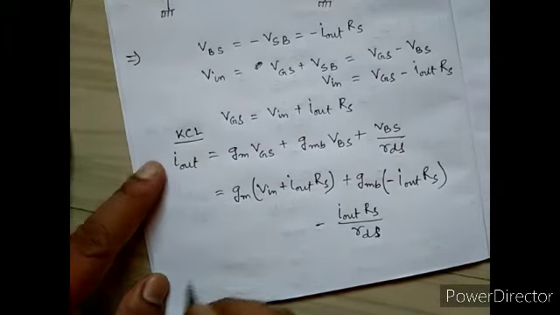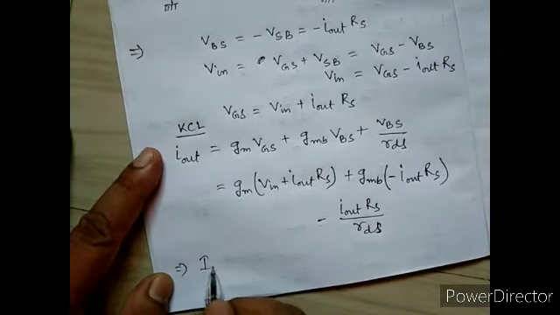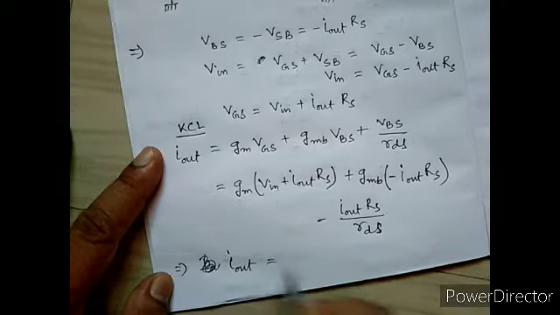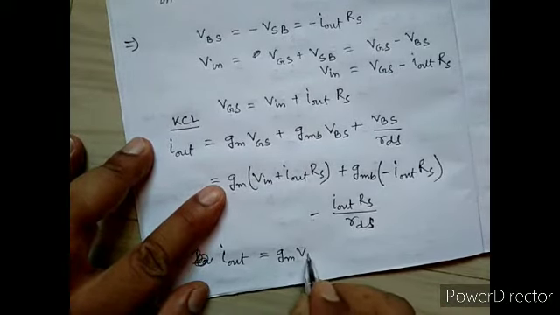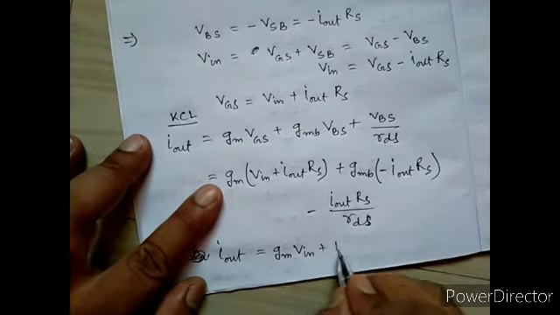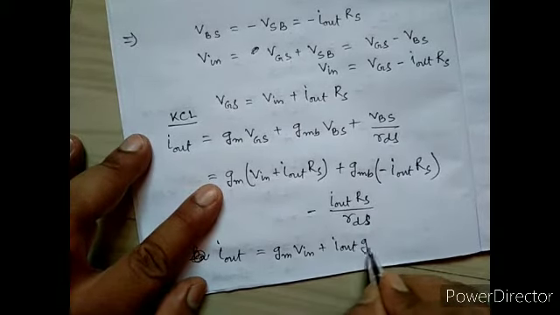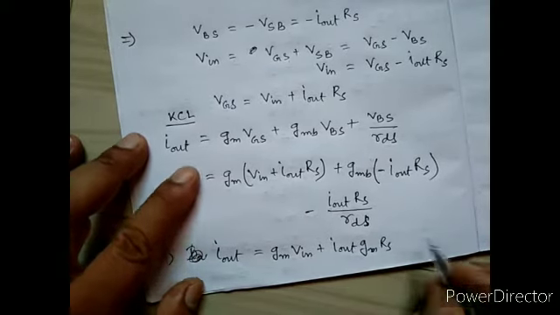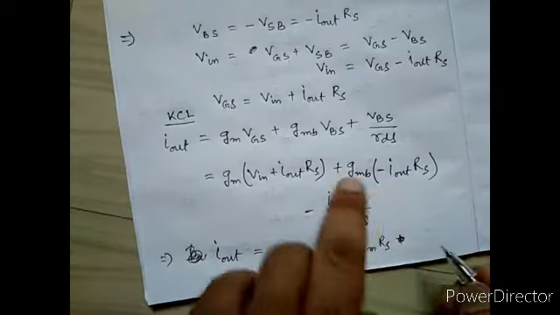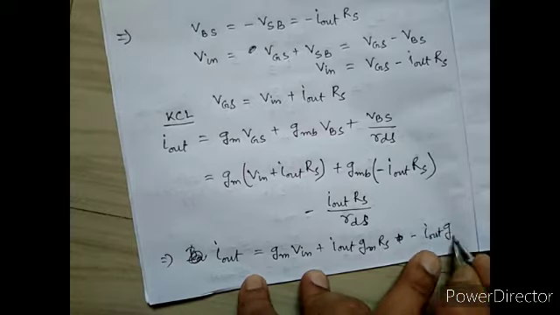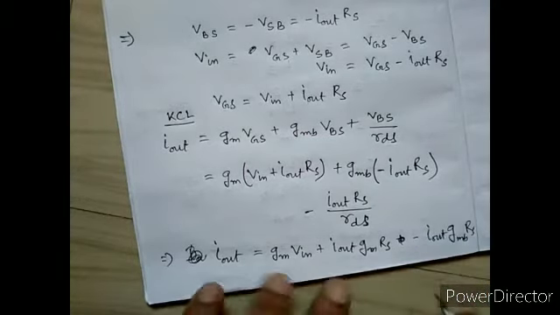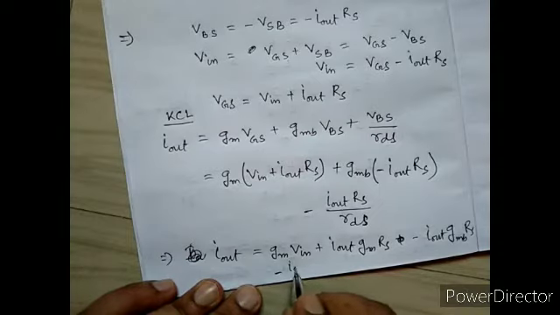So finally, Iout equals gm Vin plus Iout gm RS minus Iout gmb RS minus Iout RS by RDS.